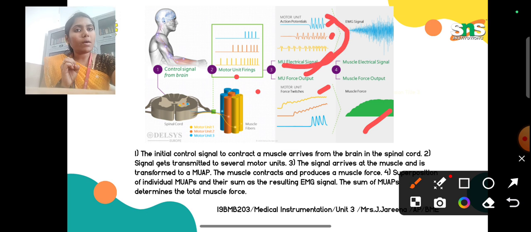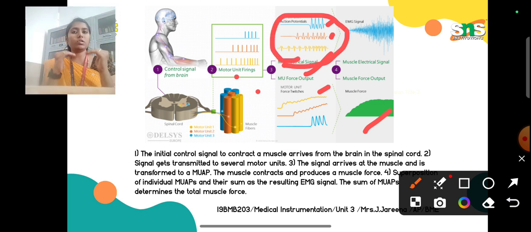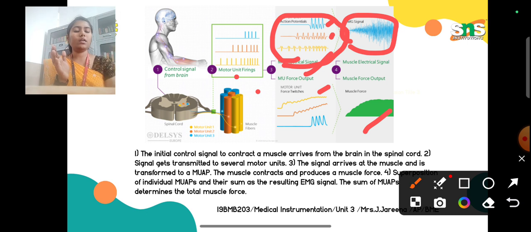When you sum all of these action potentials, blue, red and yellow, you get the EMG signal on the right side. So the EMG signal is the summation of the motor unit action potentials. The motor unit action potential is the summation of the action potentials of a single motor unit, and the EMG is the summation of the motor unit potentials.